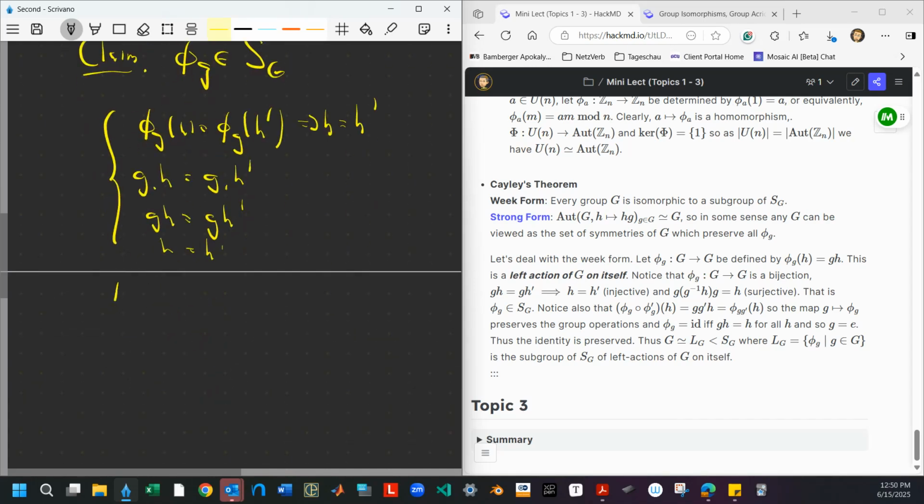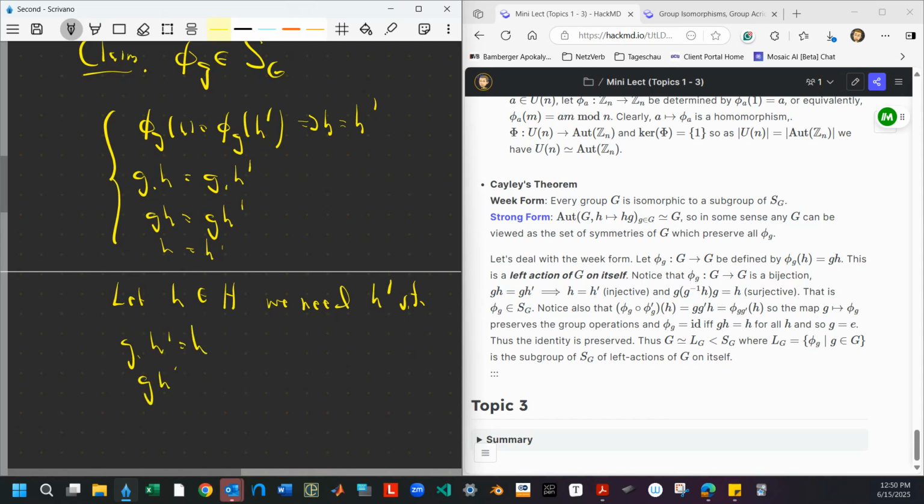Let's see, it's onto, right? So let h be an element of G. We need, let's see if we can just figure this out. We need some h prime such that g dot h prime equals h, right? So what is this?